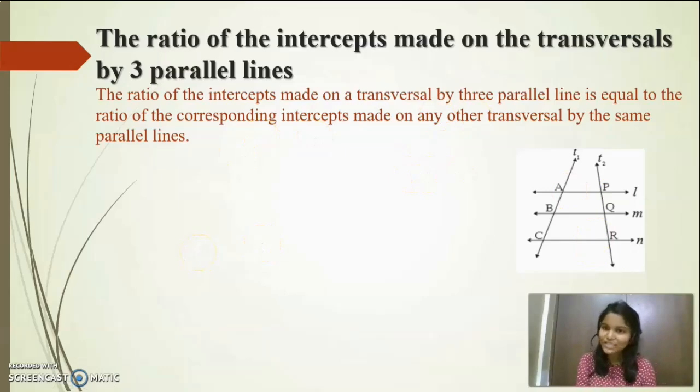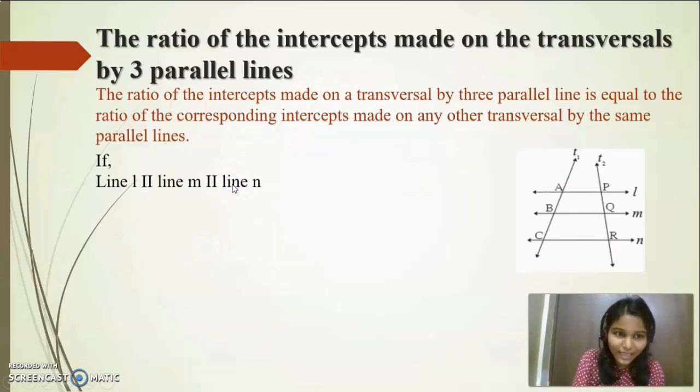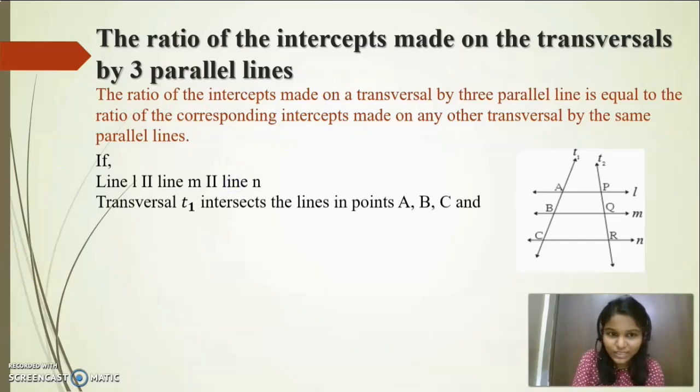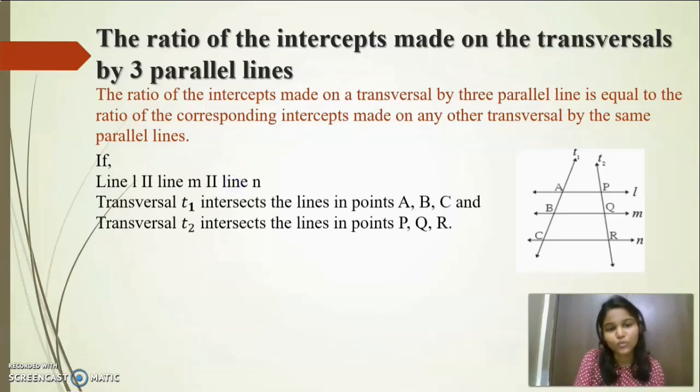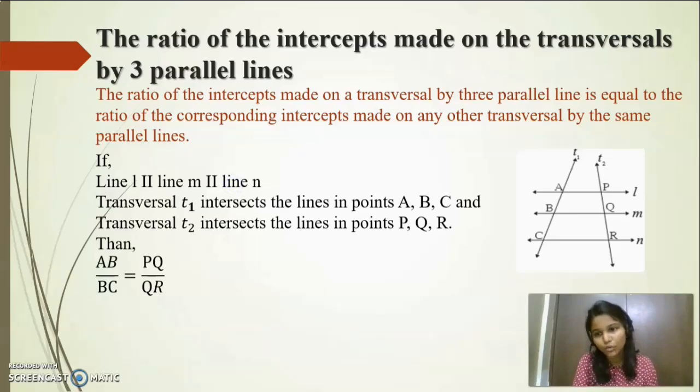First you will state that these are parallel lines and these are the transversals, and this transversal is intersecting the lines at points A, B and C, and this transversal is intersecting lines L, M and N at points P, Q and R. So you will write: line L is parallel to line M is parallel to line N, and transversal T1 intersects the lines at points A, B and C, whereas transversal T2 intersects the lines at points P, Q and R. Therefore we can say that AB upon BC is equal to PQ upon QR.